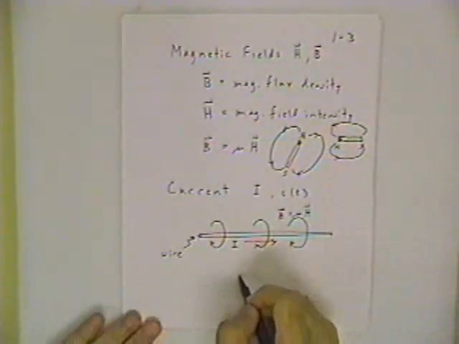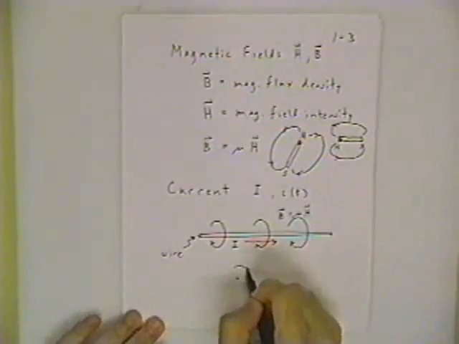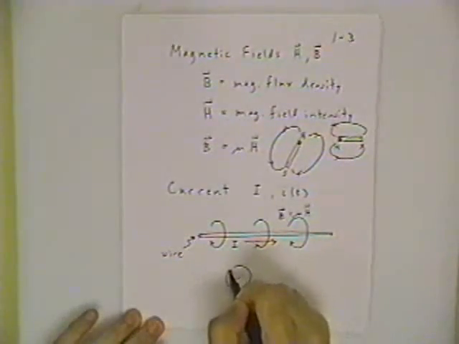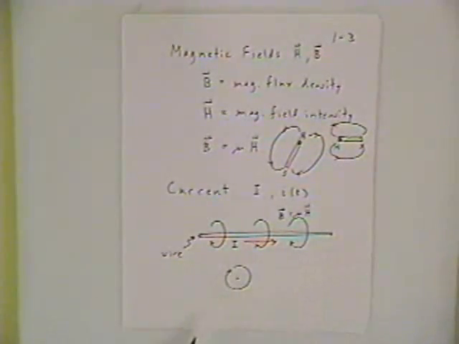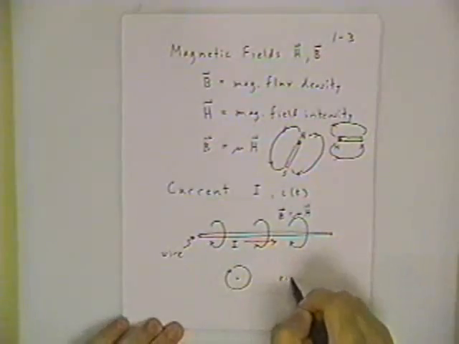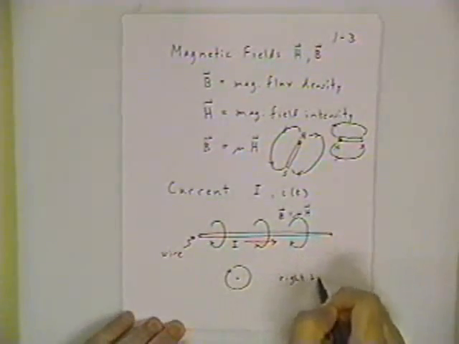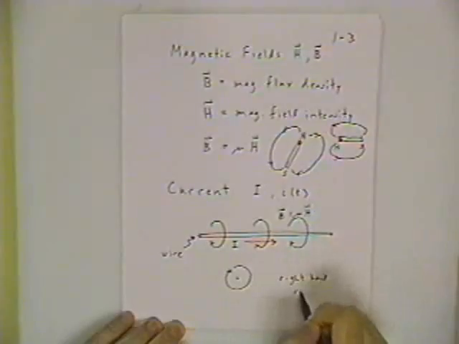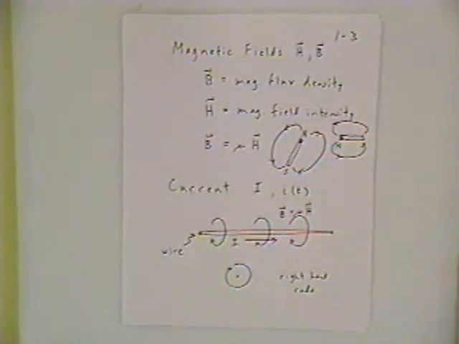And if you were looking down the axis of the wire, you would see these magnetic field lines as completely closed circles. One thing to keep in mind is the famous right-hand rule, which says the following. If this pen is indicating the direction of current flowing this way, I can line up the thumb of my right hand with that direction of current, and then the fingers of my right hand curl around.